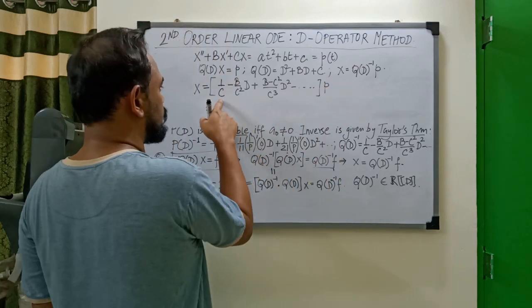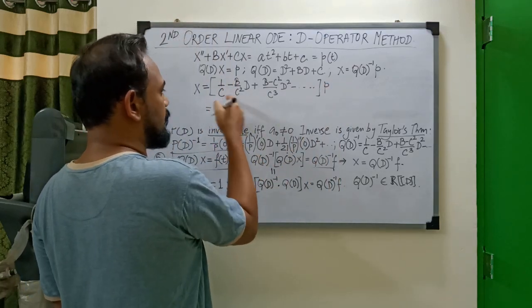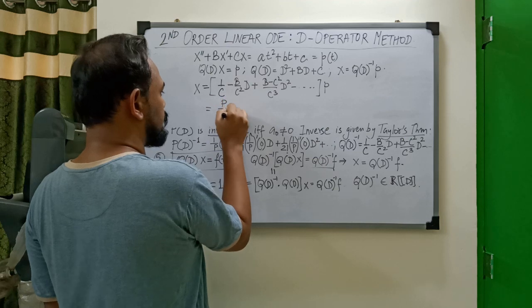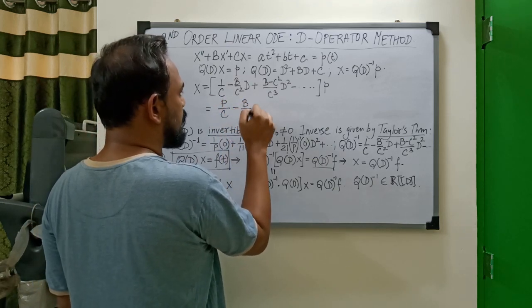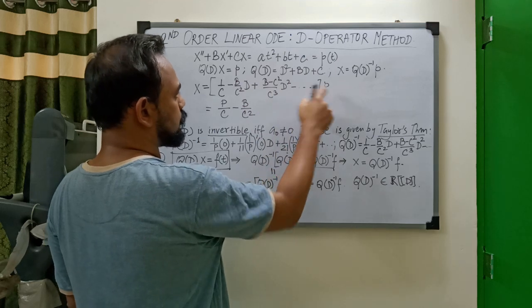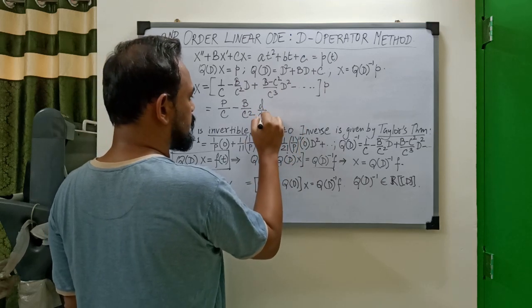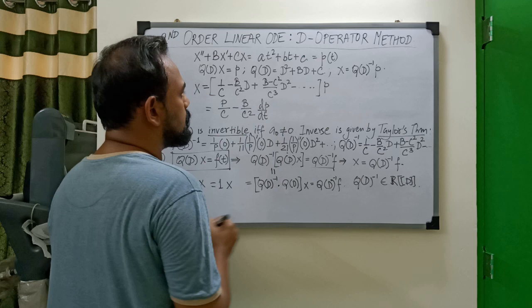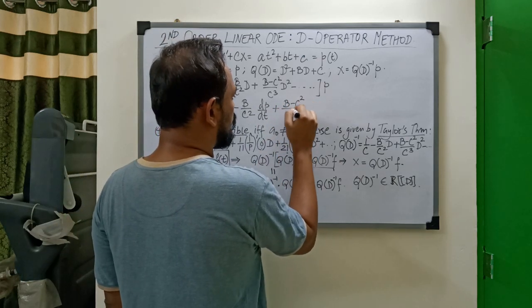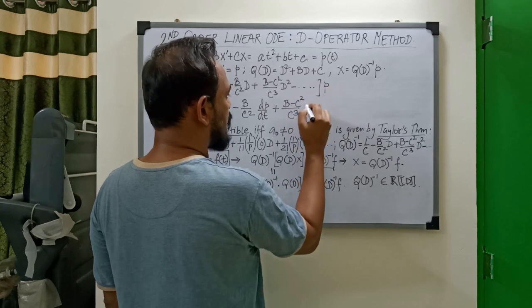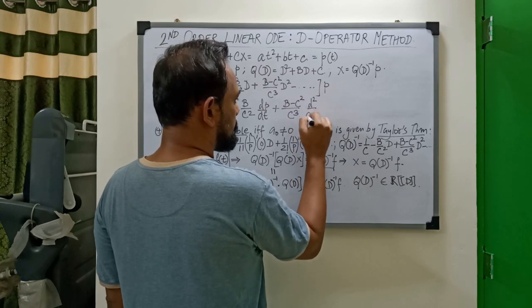So this one simply multiplies, so I have p over c minus b over c square times this, which is just the one-time differentiation, so d/dt of p, the polynomial. Then b minus c square over c cube times the two-time differentiation.